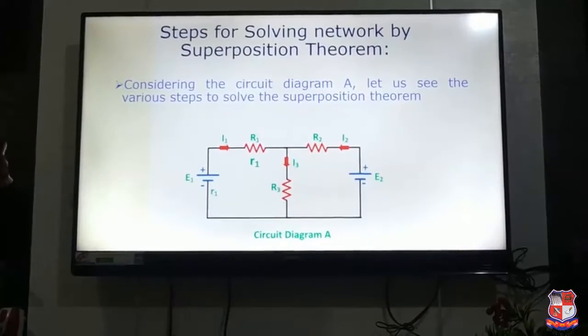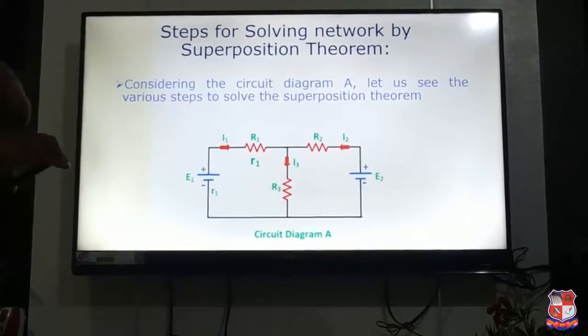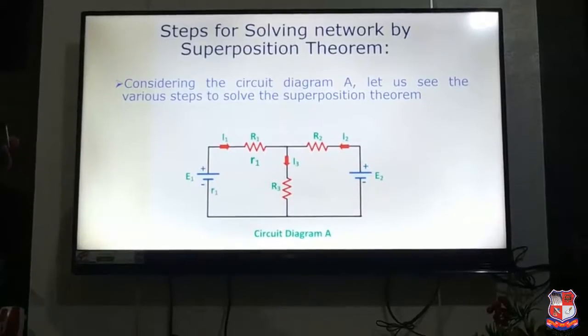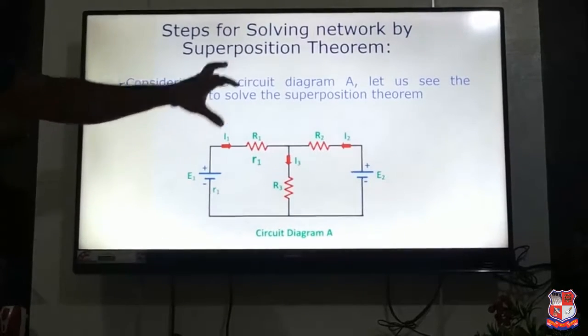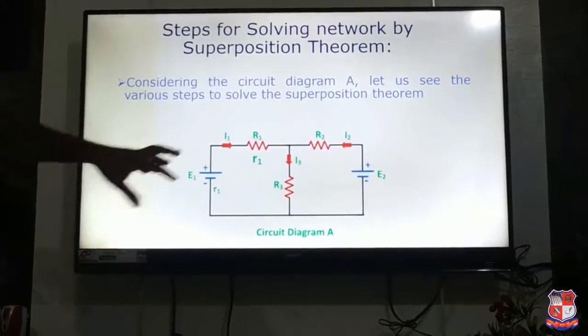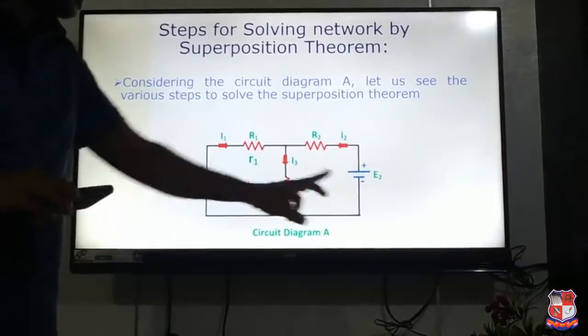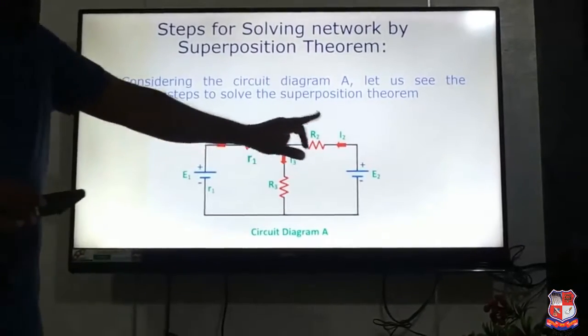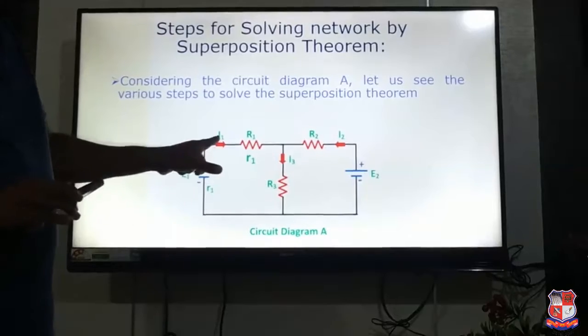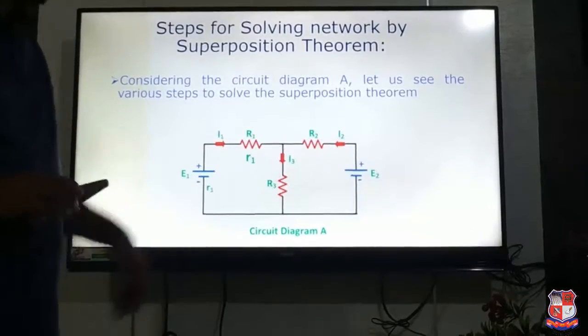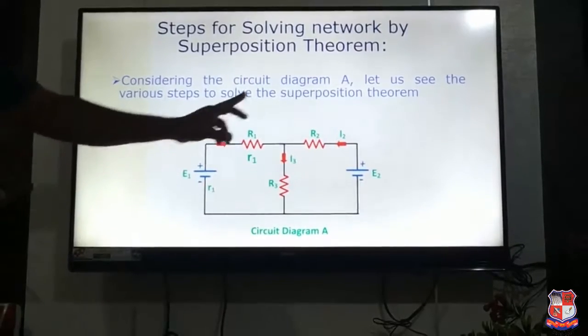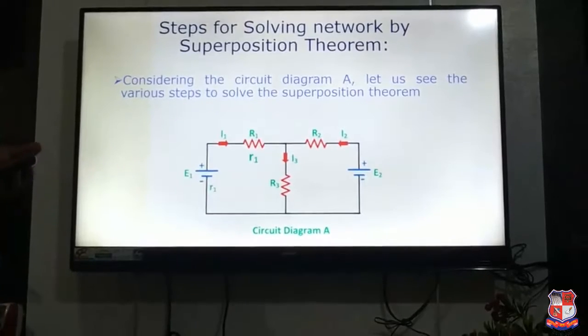Okay, so if we write the steps for solving this network by superposition theorem. Here we are considering one circuit, E1 and E2 are the two voltage sources, R1, R2 and R3 are the resistances, I1, I2 and I3 are the currents flowing and the direction is shown as shown in the figure.